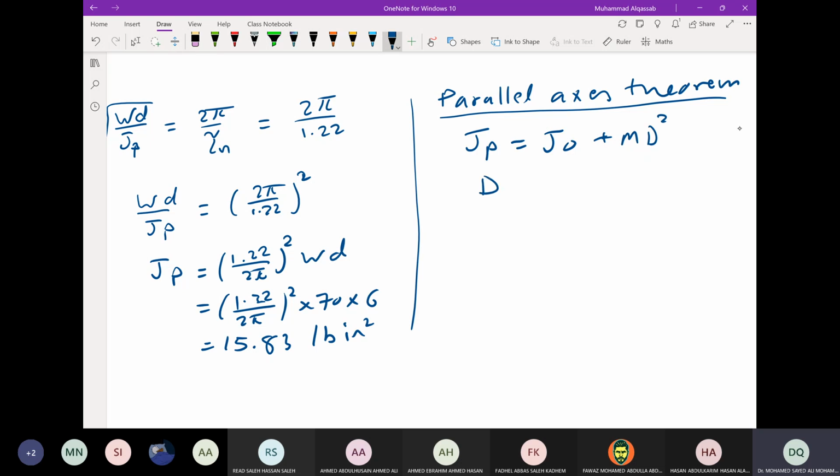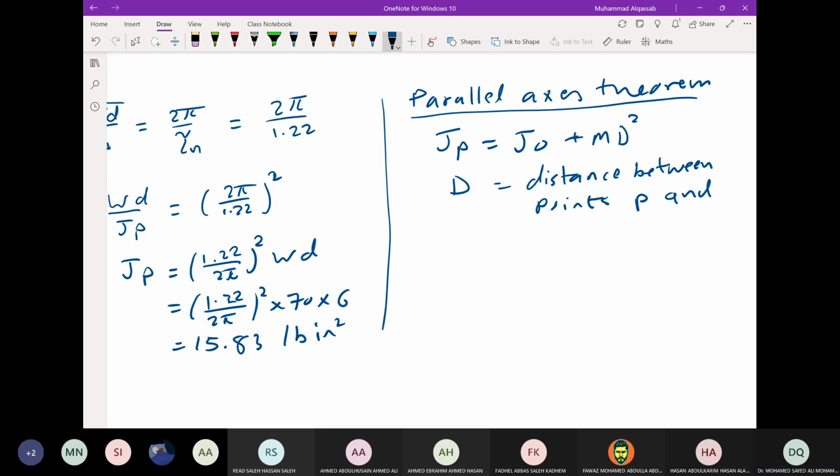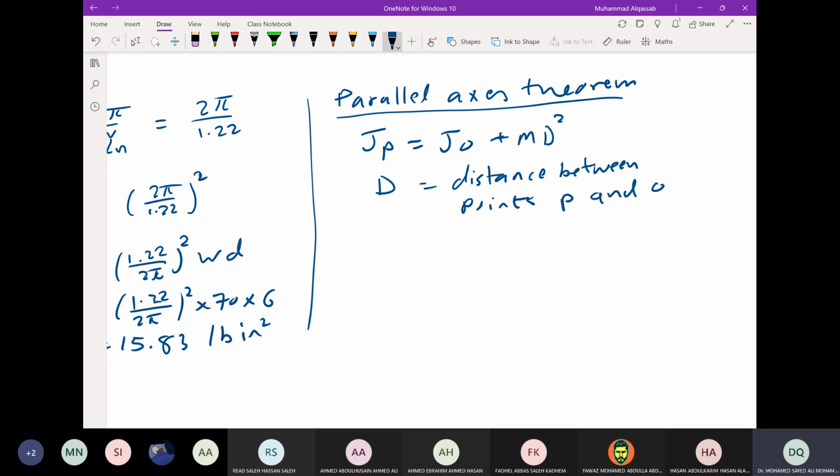Usually they use a small letter. d is the distance between the points P and O, which is 6. So J_O becomes J_P minus m times d squared.